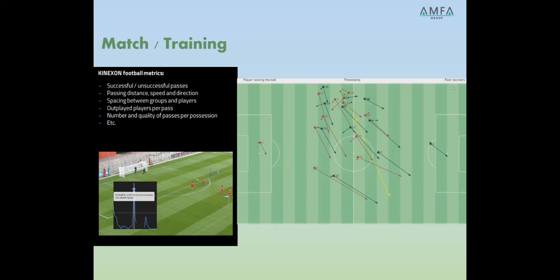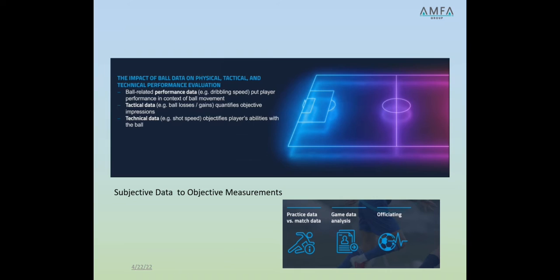The different length passes, the number of players outplayed per pass, passing distance, speed and direction of the pass, spacing between groups and players, successful and unsuccessful passes, number and quality of passes per possession. All these parameters can be measured.